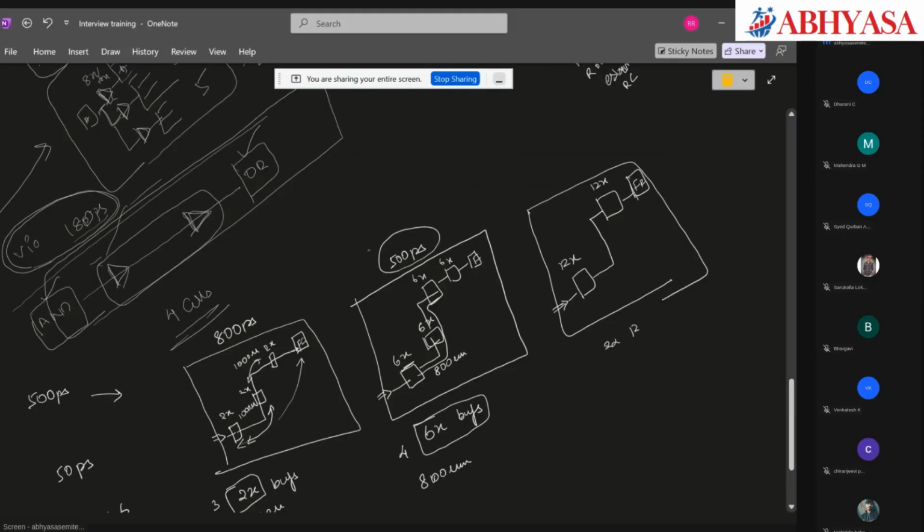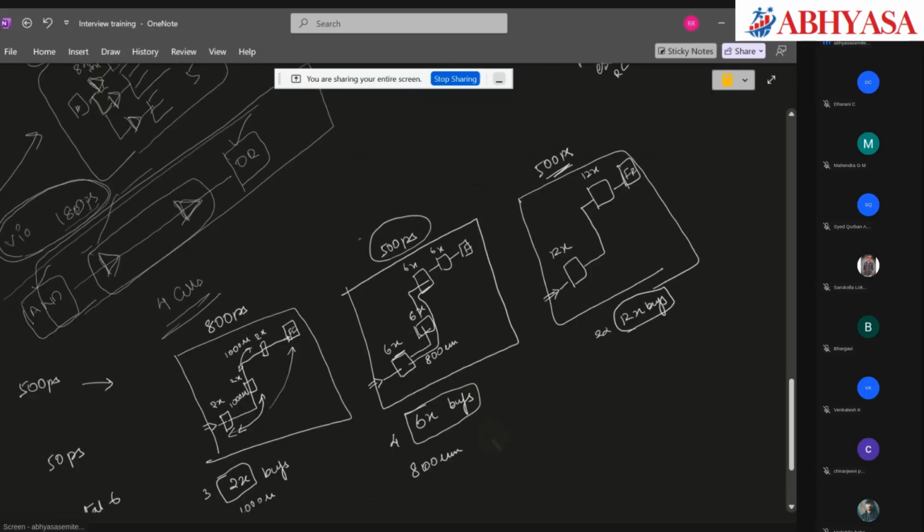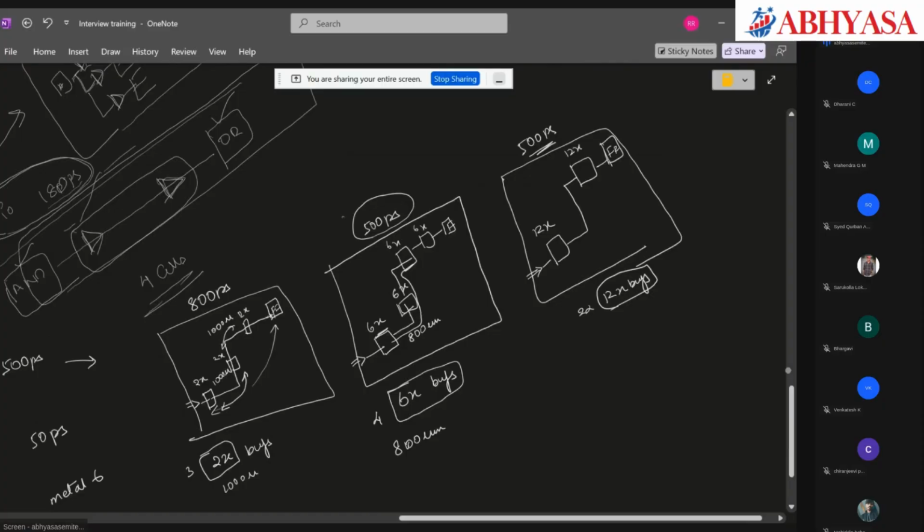Two 12x buffers. This is also 500 PS, right? So in these two cases, 500 PS, in one case it has added 4 6x buffers. In the second case, it has added 2 12x buffers.